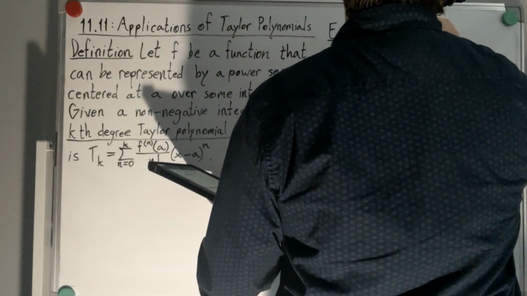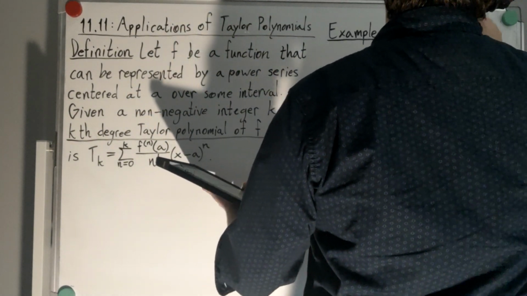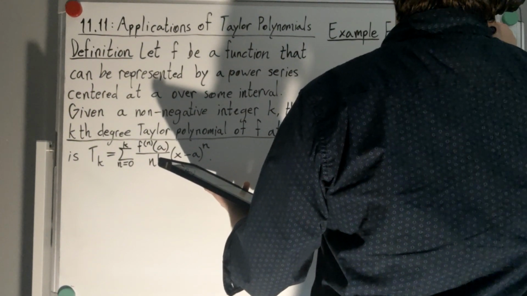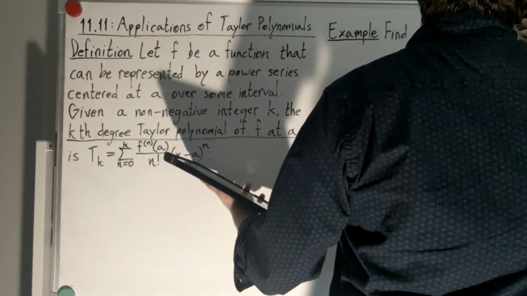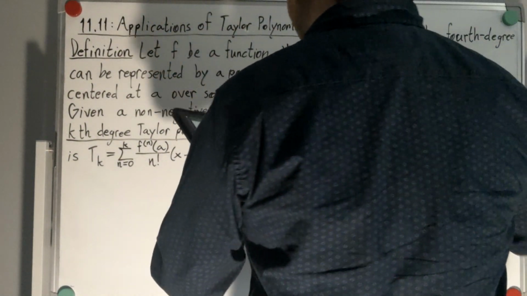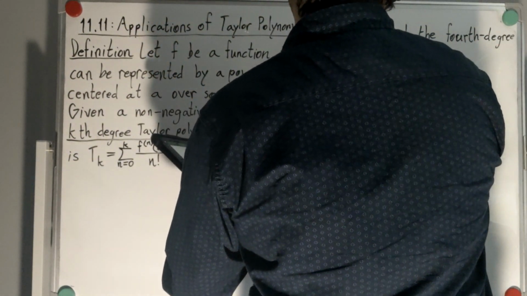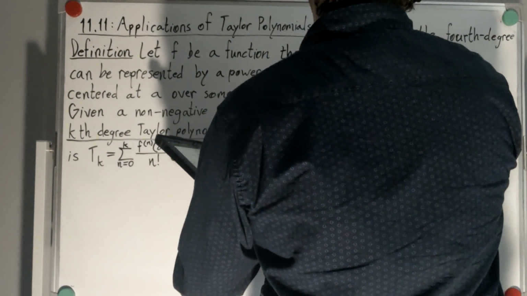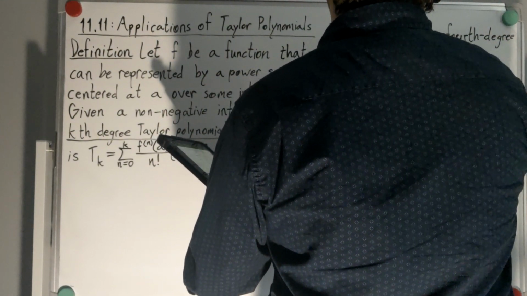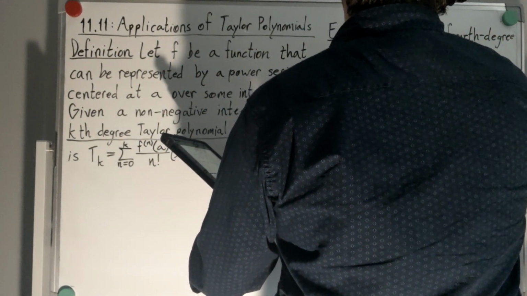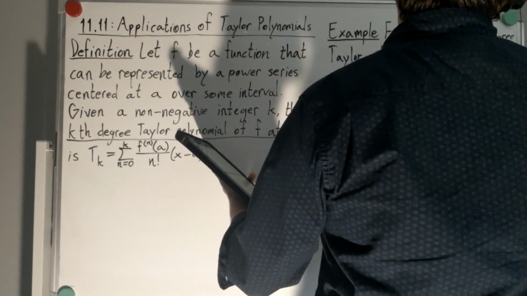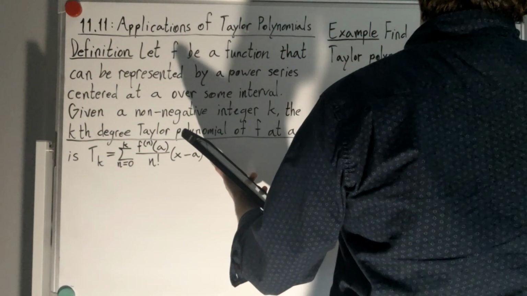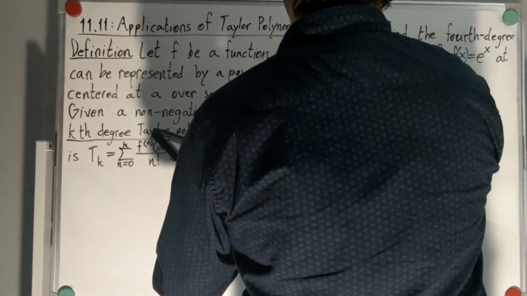Find the fourth degree Taylor polynomial of f of x equals e to the x at 1.